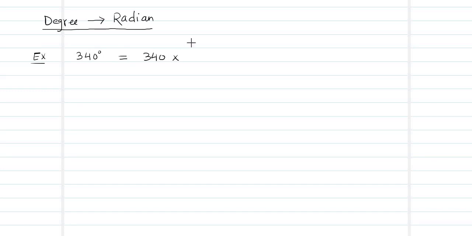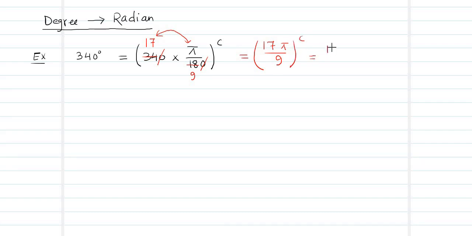Because we know that 1 degree is equal to pi by 180 radian. So 340 into pi by 180 radian. A little bit of calculation, 0 and 0 cancel, by 2 it will become 17. So simply multiply 17 and pi, which is equal to 17 pi by 9 radian, and we normally write it like 17 pi by 9 only.